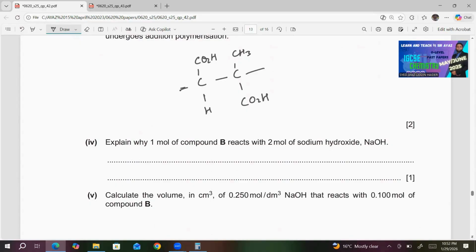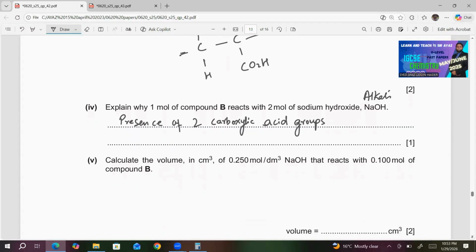So it needs 2 moles of Na. That's why it needs 2 moles of sodium hydroxide. Sodium hydroxide is alkali to react with this carboxylic acid. So we will write presence of 2 carboxylic acid groups.